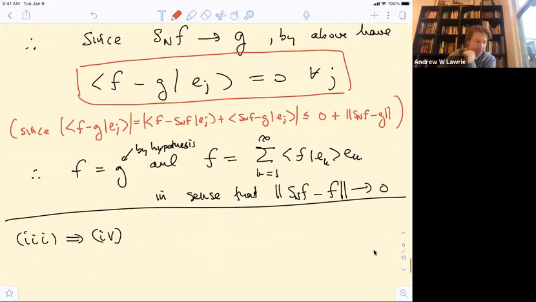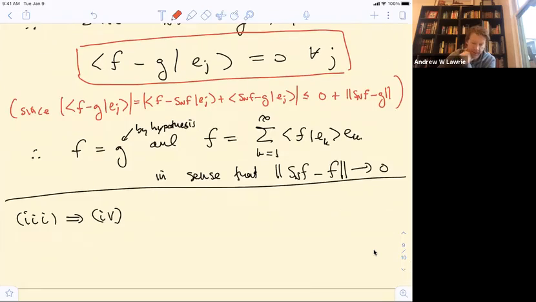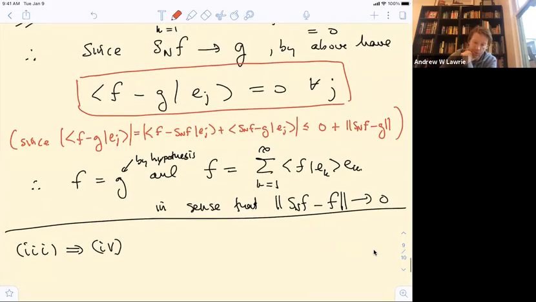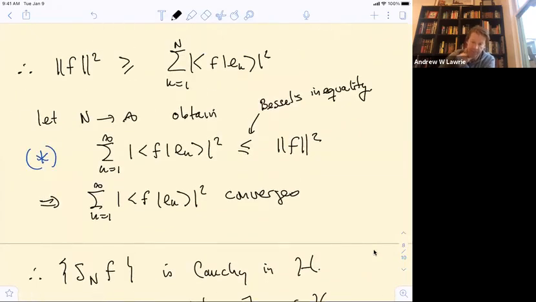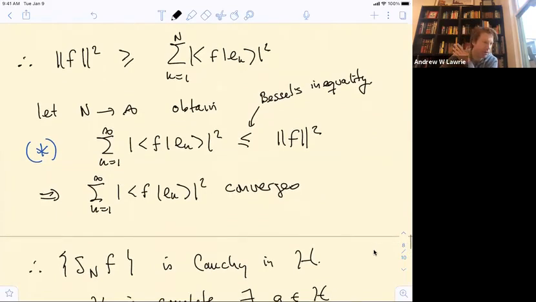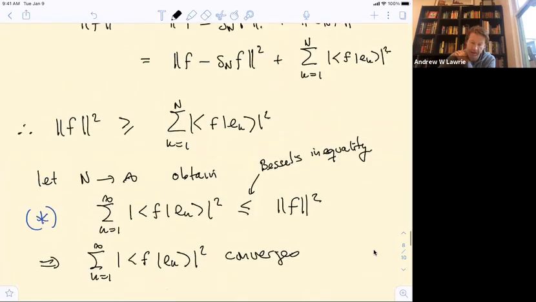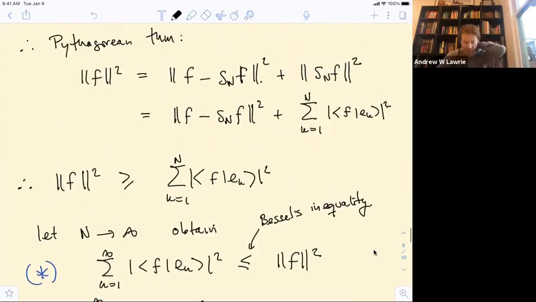So that's 2 implies 3. Okay, 3 implies 4. On the one hand, we have Bessel's inequality. Maybe I don't want to star this.